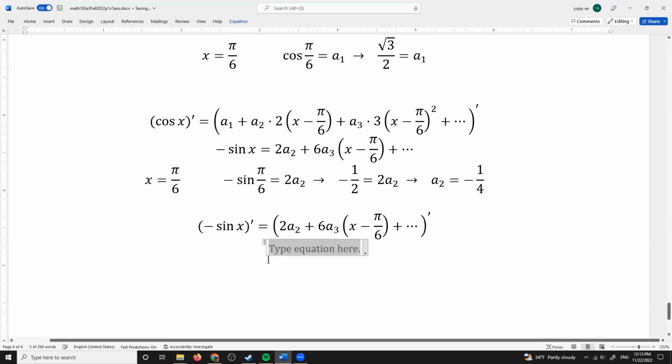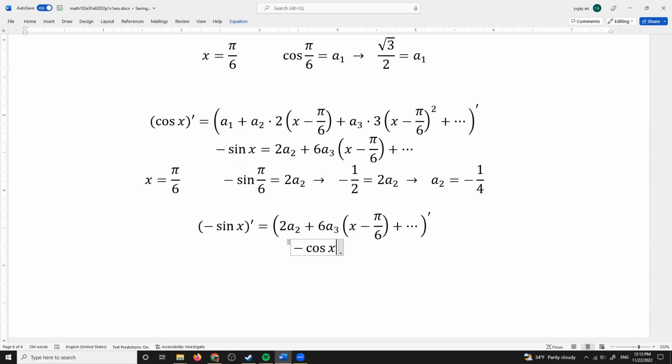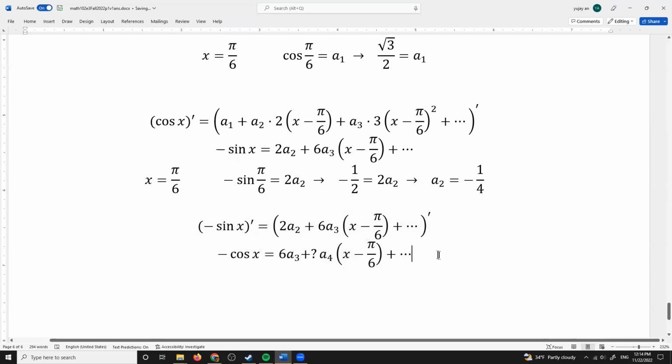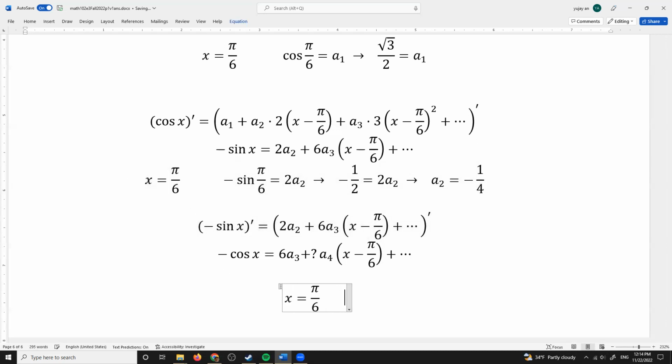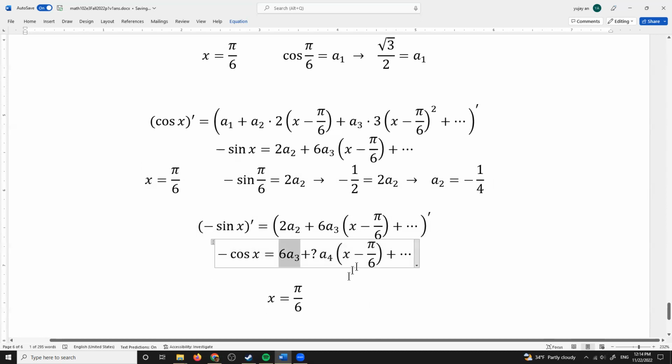That gives you negative cosine of x equal to 6a3 plus something times a4 times x minus pi over 6, and so on. Everything else will still have x minus pi over 6, so if you plug in x equals pi over 6 on both sides, the only survivor will be 6a3 on the right side.